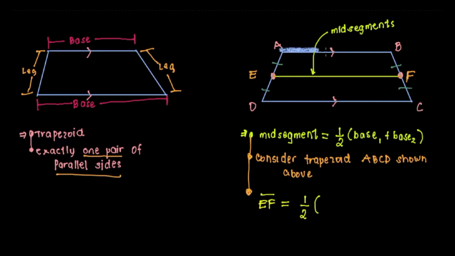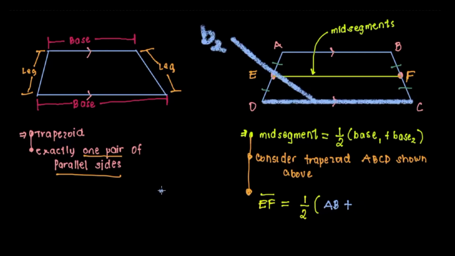So base 1, we will use the segment AB. So this one, that is our base 1. So palitan natin ng base 1 ng AB. So this will be AB plus the base 2, we have segment CD or DC. That will be our base 2. So base 2 or DC. Okay, that is the formula. Ganyan na natin siya gagamitin mamaya.